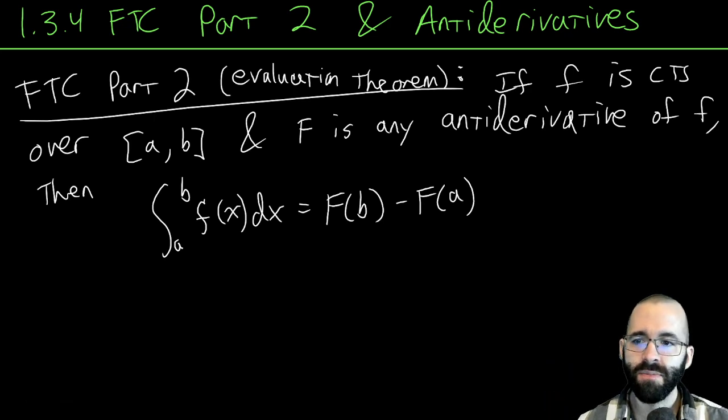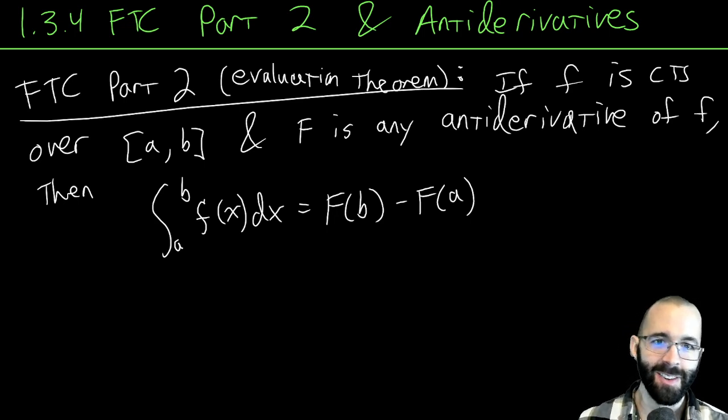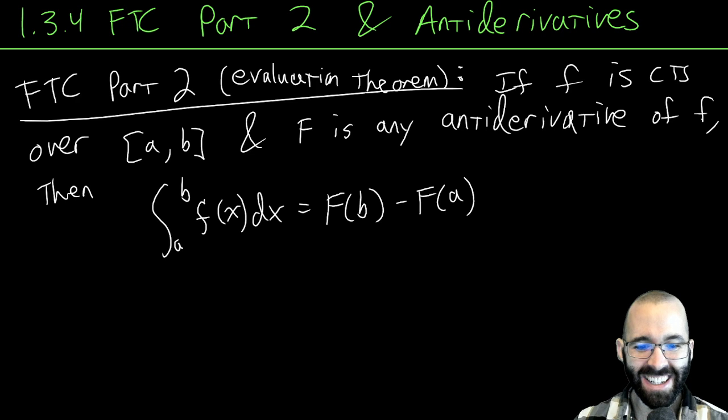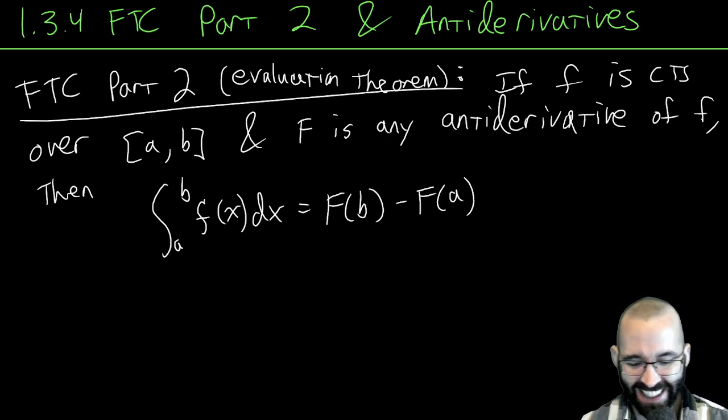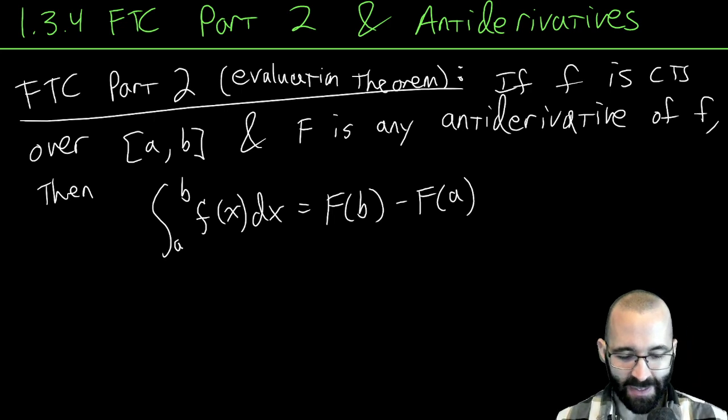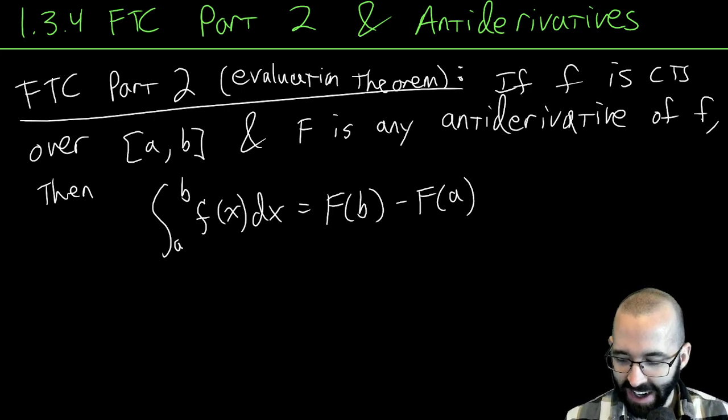But usually, it's hit or miss, but a lot of Calc 1 classes that I'm aware of don't cover antiderivatives in Calc 1. So we're going to jump and do an entire section from the Calc 1 textbook in this video. So this video is just a whole section. But don't worry, we'll get a lot of practice with antiderivatives.